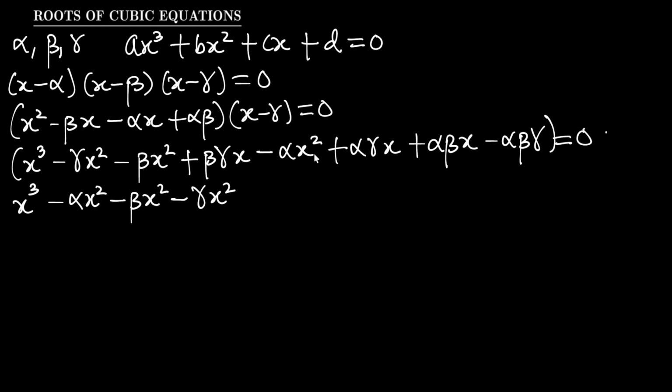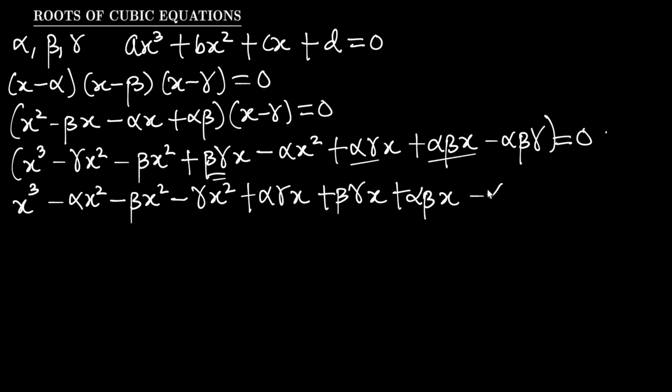Then let's take that of x. So we have plus, I take this first, alpha gamma x, followed by plus beta gamma x, and this plus alpha beta x, and lastly minus alpha beta gamma equals 0.